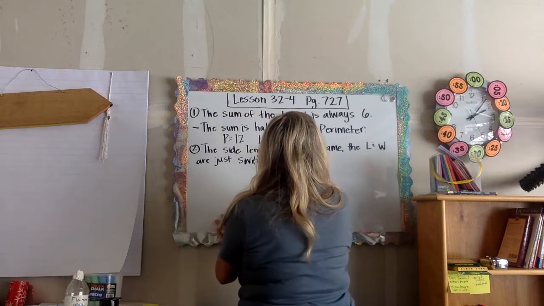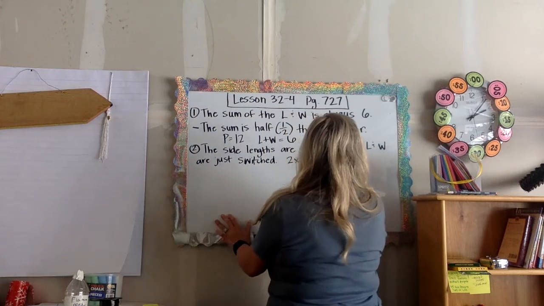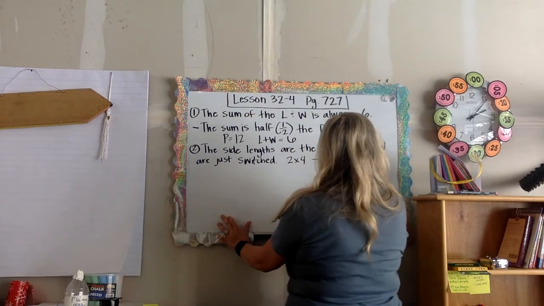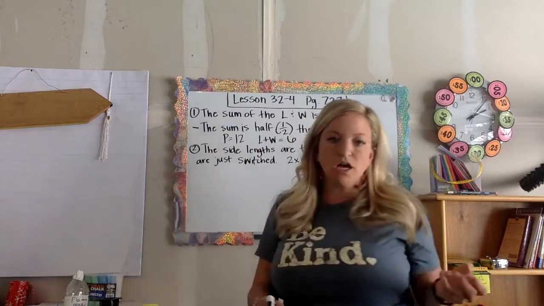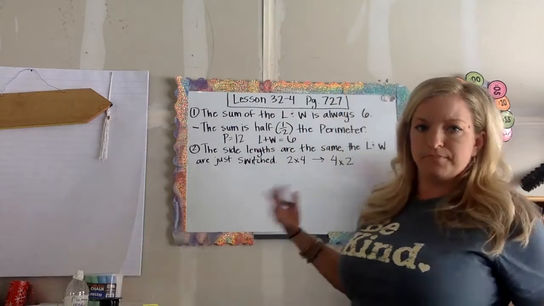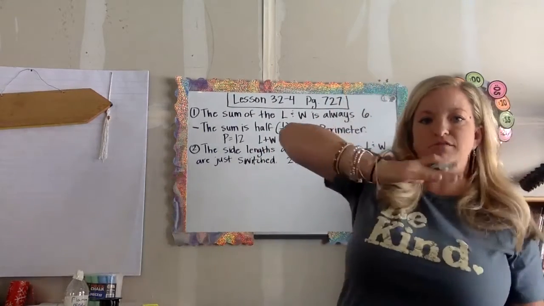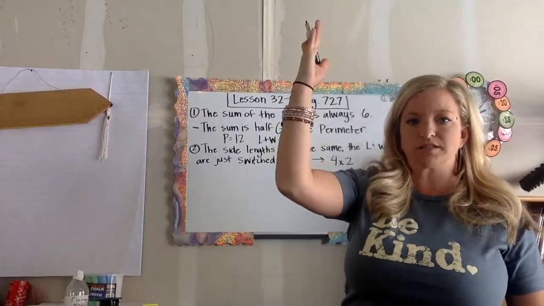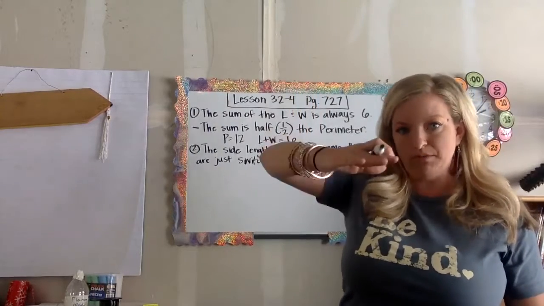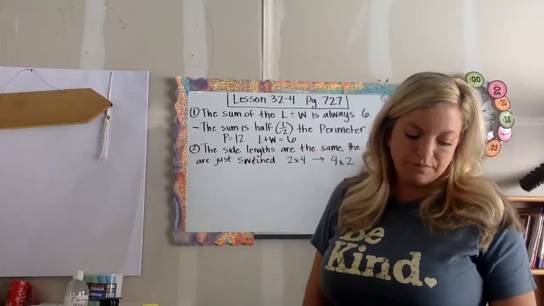So hers was a 2x4, and then they switched it to a 4x2. So you're still going to get the same area. It's just different lengths and widths. It's like taking a rectangle that's like this and putting it on its top, and putting it down on its side.